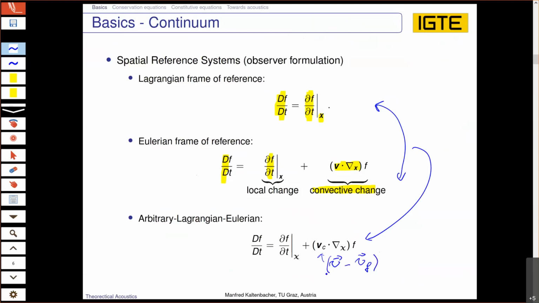Yeah, because when you think of a ventilator, the rotor is rotating.